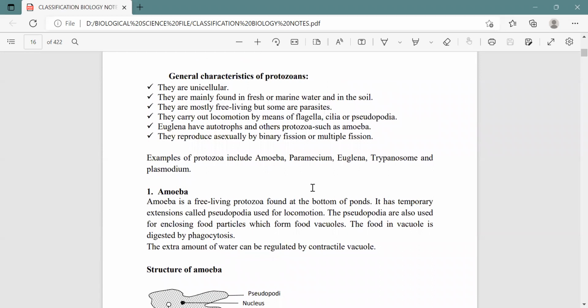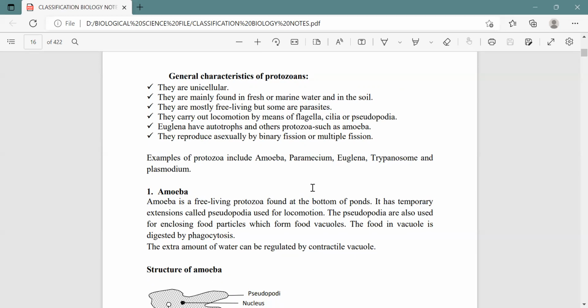They are unicellular, found in fresh or marine water or in damp soil, free living, meaning majority are not parasitic, although a few, like the trypanosomes, are parasitic. They carry out locomotion by means of flagella, cilia, or pseudopodia.